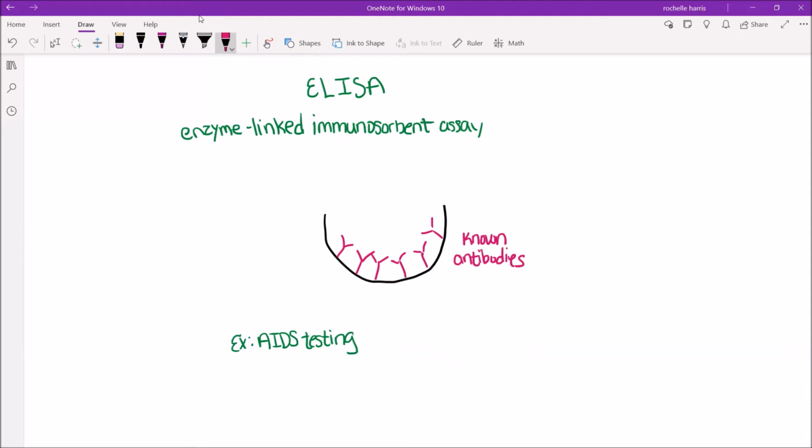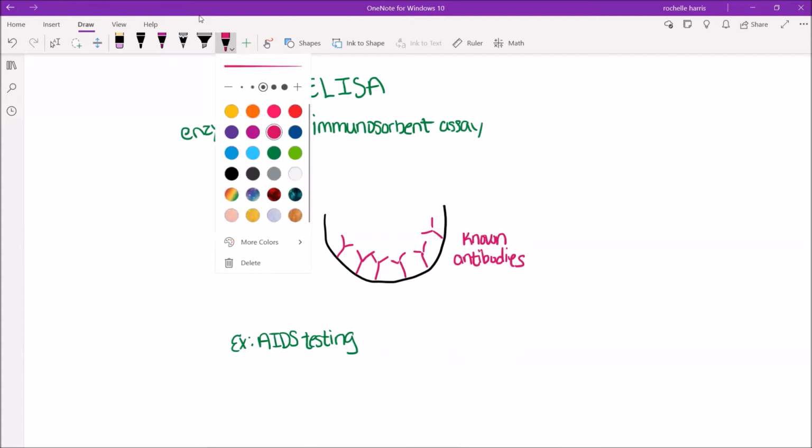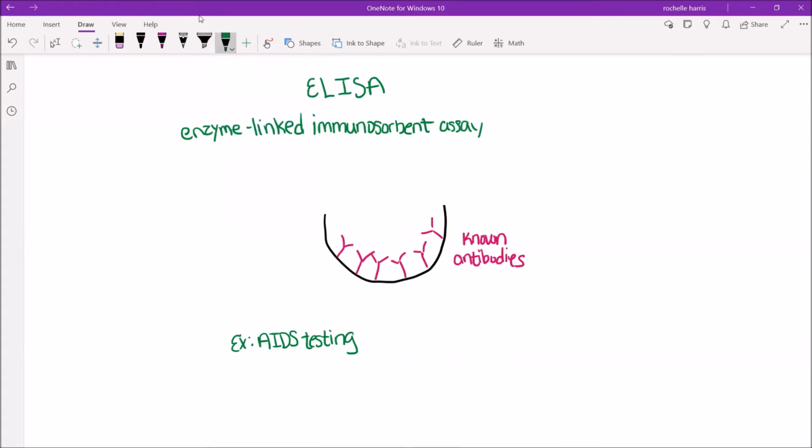So we know the bacterium. Our antibodies are fixed at the bottom of the well. And then we have our unknown bacterium, which will be placed inside of the well.